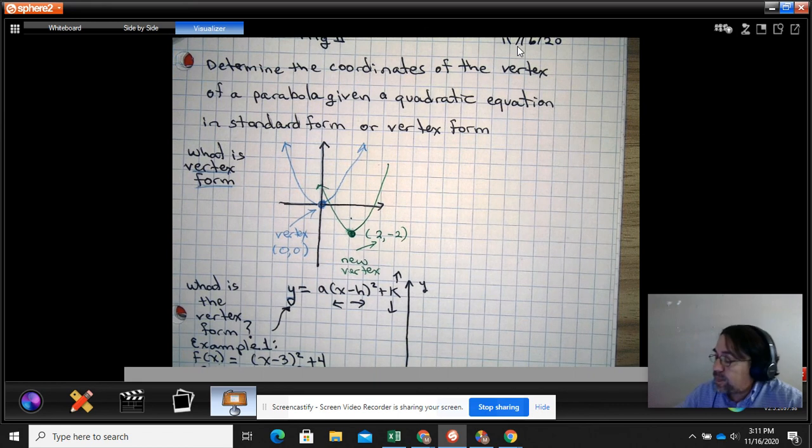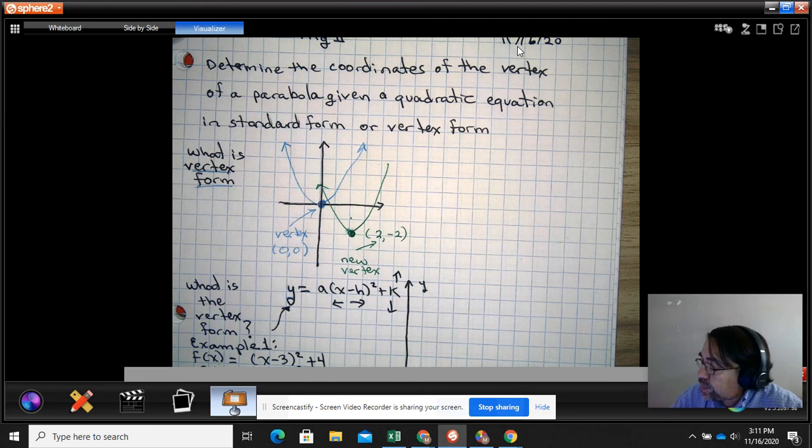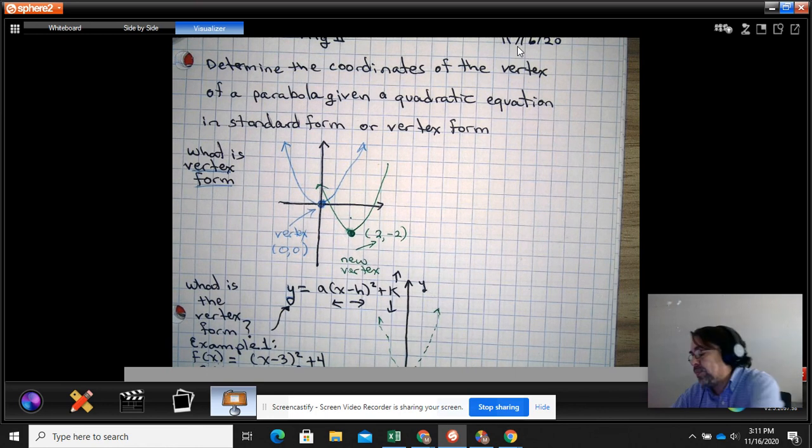But I'm going to test it out. I'm going to use the transformations we were doing last 6 weeks. From the point 0, 0, I'm going to take my quadratic parabola and move it in the opposite direction, which is 3 to the right, and then 4 up.